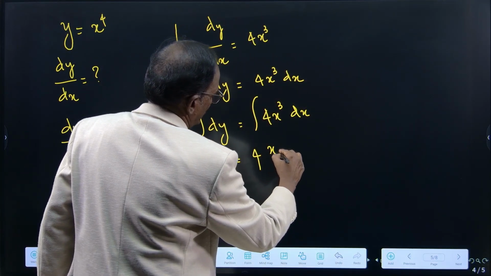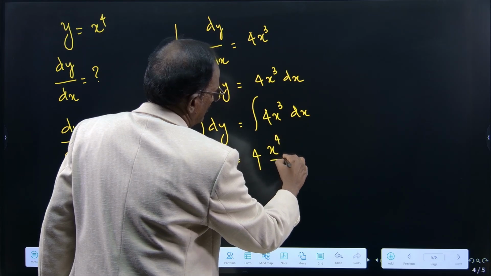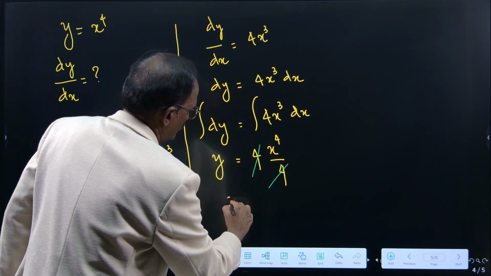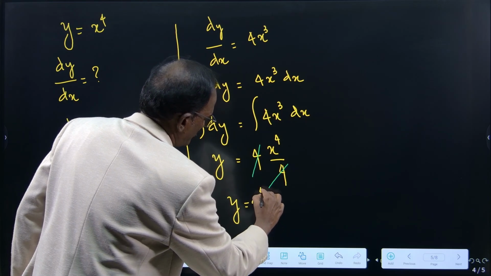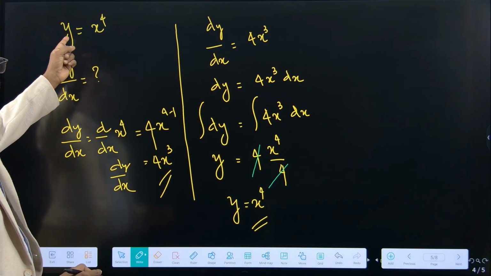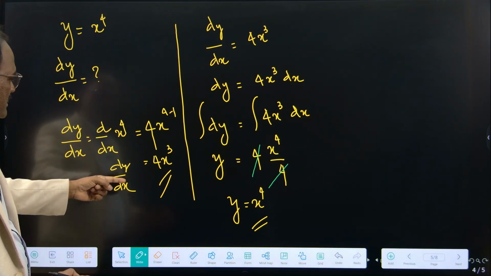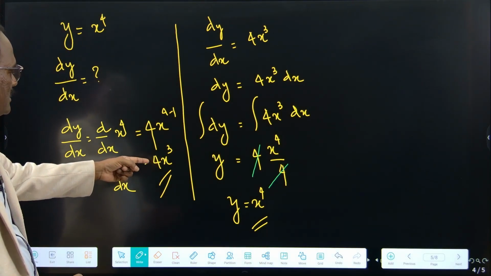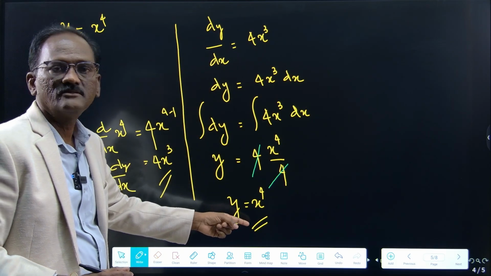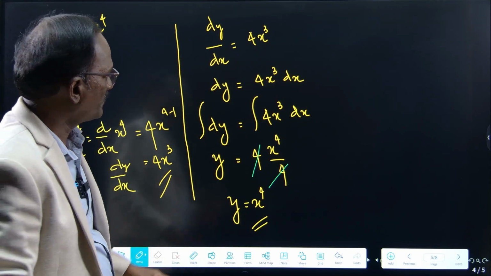Increment the power, 3 plus 1, 4. New power is 4. 4 and 4 will get cancelled. y is equal to x power 4. This is what we started from here. y is equal to x power 4. When you differentiate it, 4x cube is the answer. If you integrate 4x cube, you will get y is equal to x power 4.